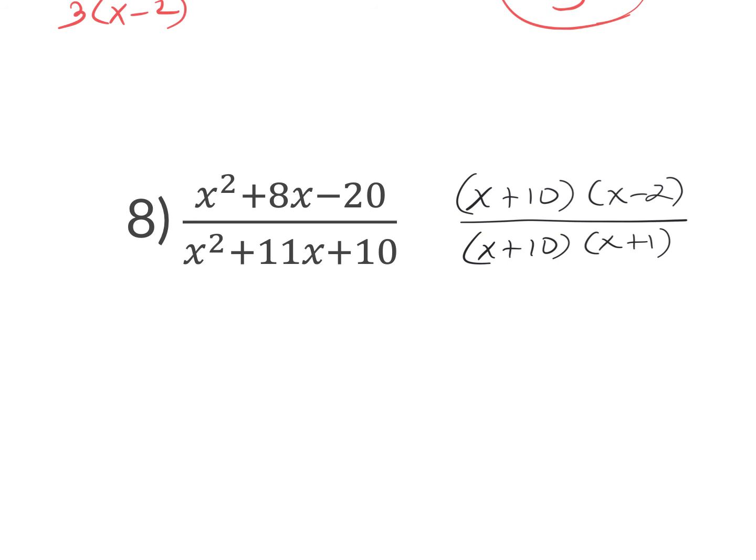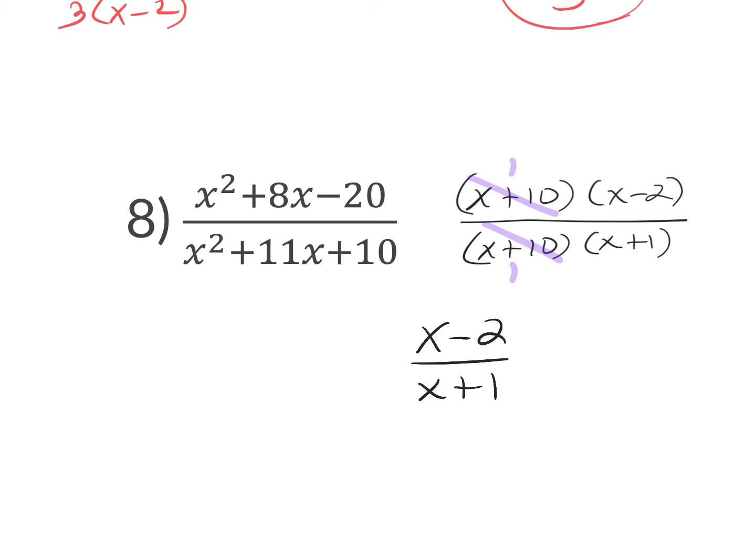Now I'm going to go back and look for things to simplify. I can simplify the x plus 10s, and what's left behind is a 1. Anything divided by itself is 1. And my final answer is x minus 2 over x plus 1. Again, do not cancel the x's here.